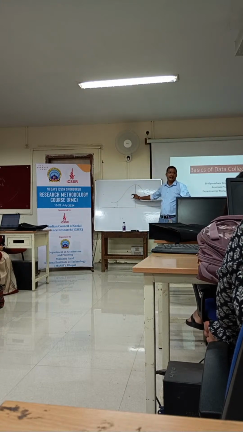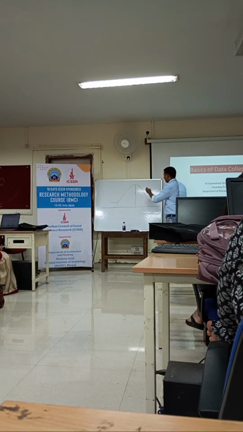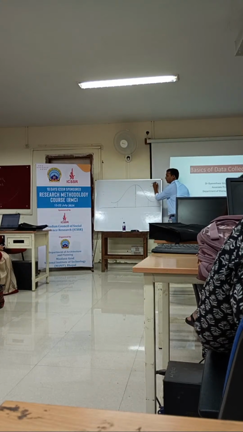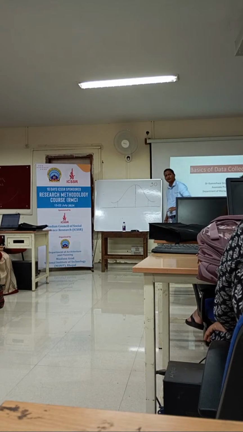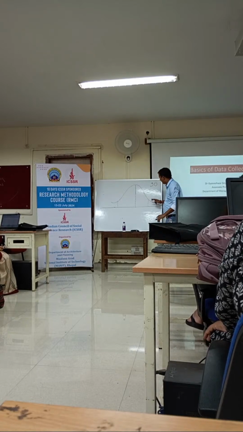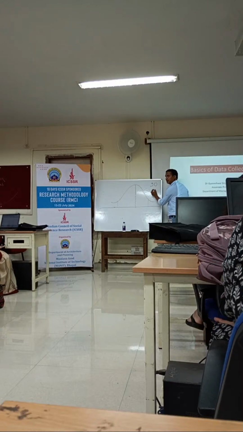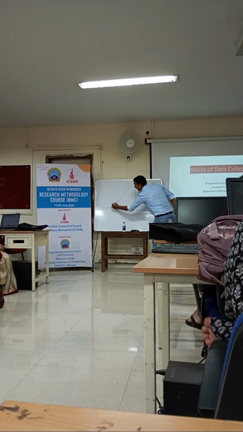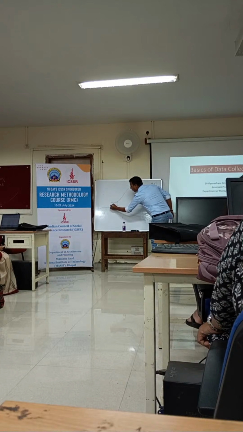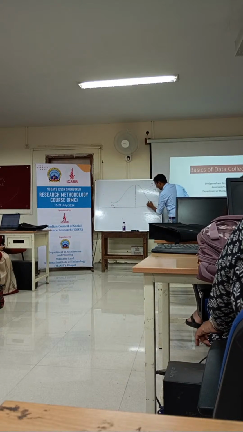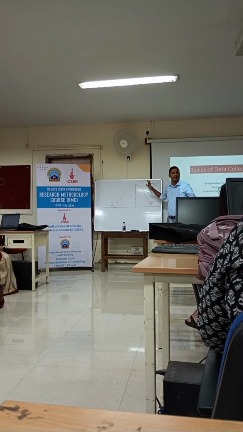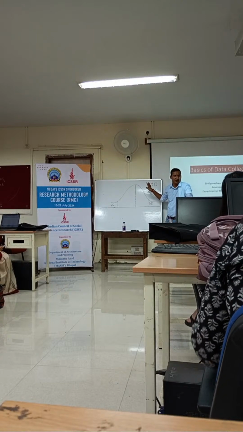We are assuming a 95% level or 90% level, any confidence level. This area we divide, the remaining is 10, so 5 and 5, 0.05 and 0.05.